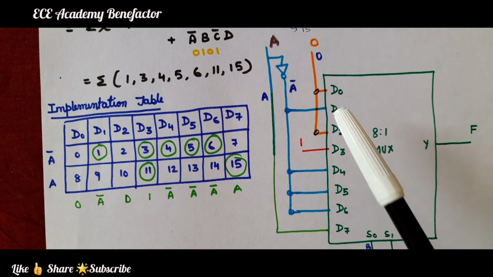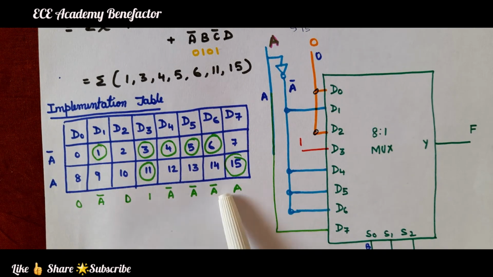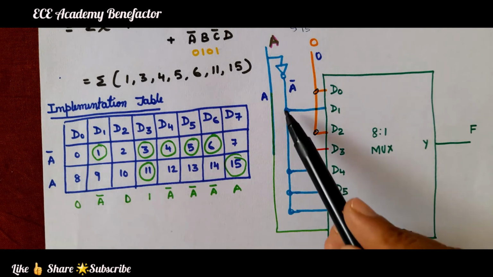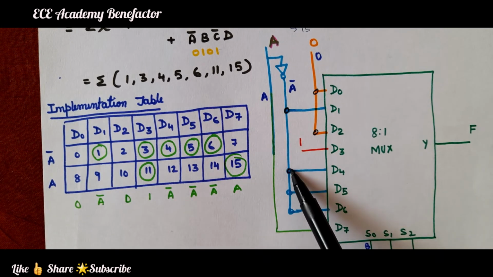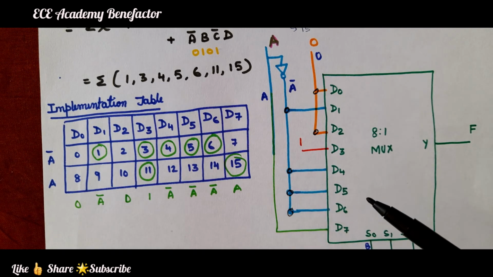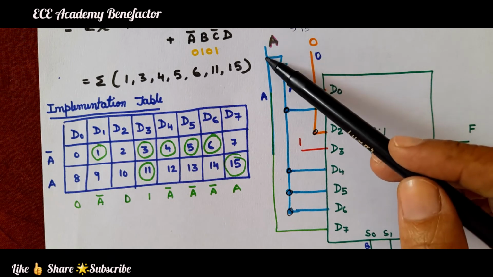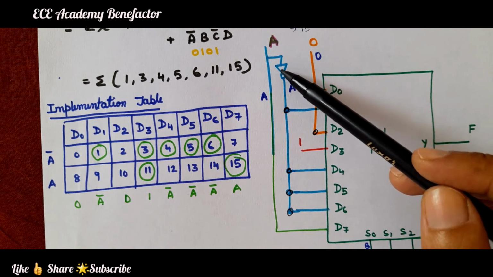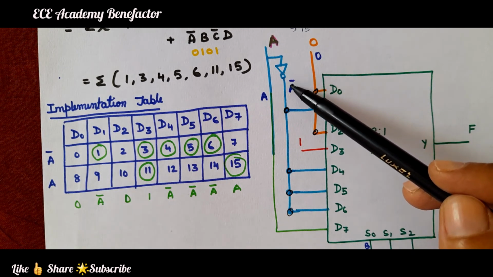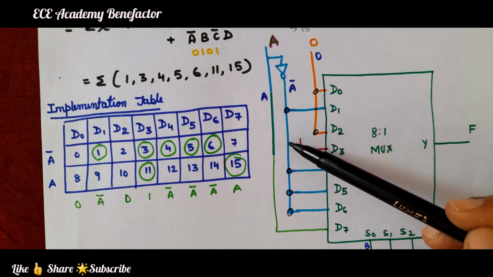Now D1, D4, D5, D6, that means D1, D4, D5 and D6 are connected to A bar. So here is input line A and we have taken another line connected to a NOT gate. So the output of this NOT gate will be A bar. So this line is carrying A and the other line is carrying A bar.